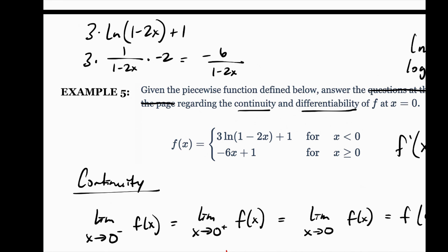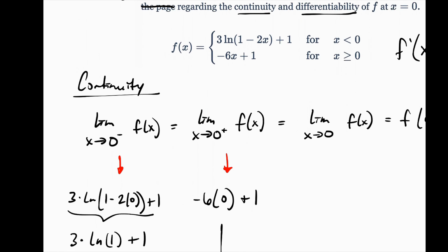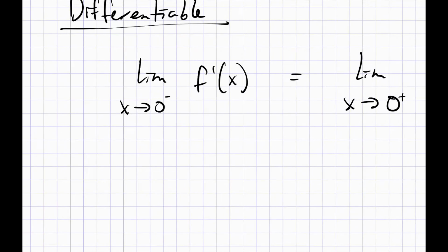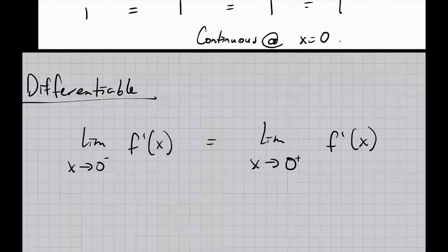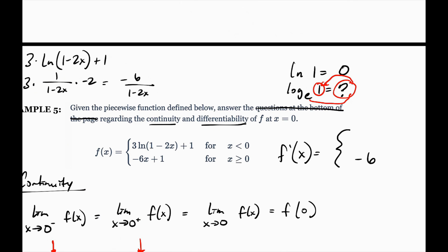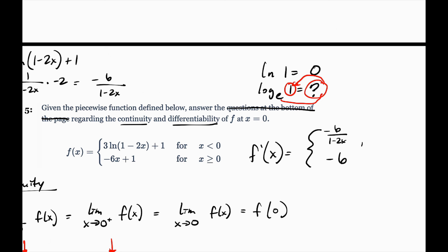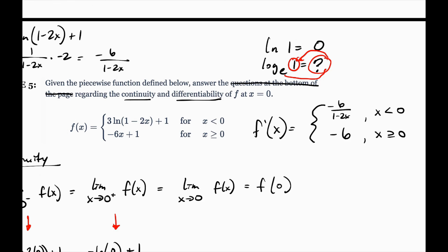And then plus 1, the derivative of plus 1 is just 0. Okay, so I'm going to write over here. Sorry. Negative 6 over 1 minus 2x. Okay.